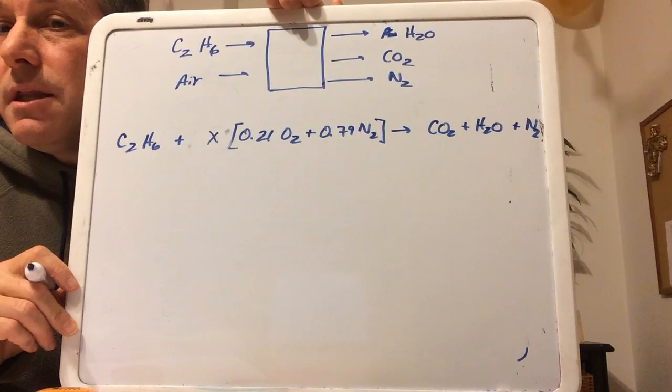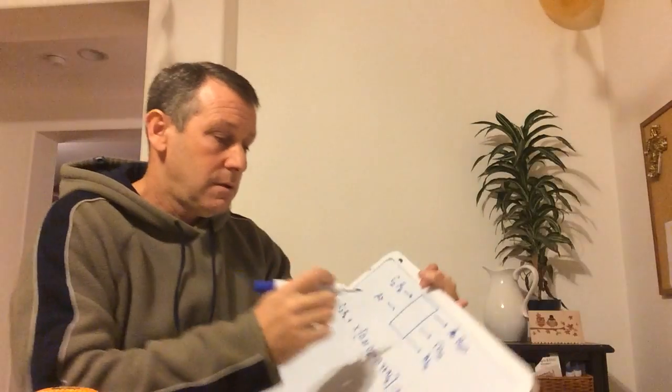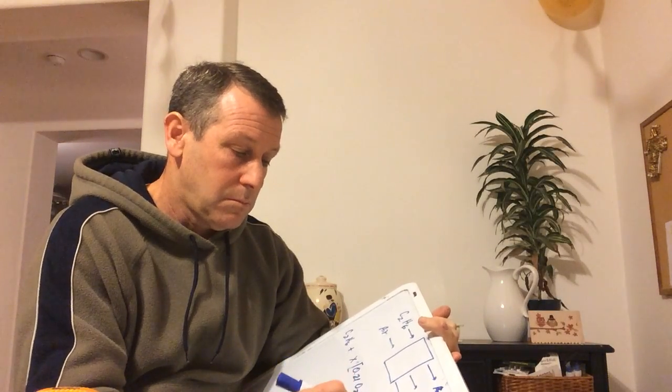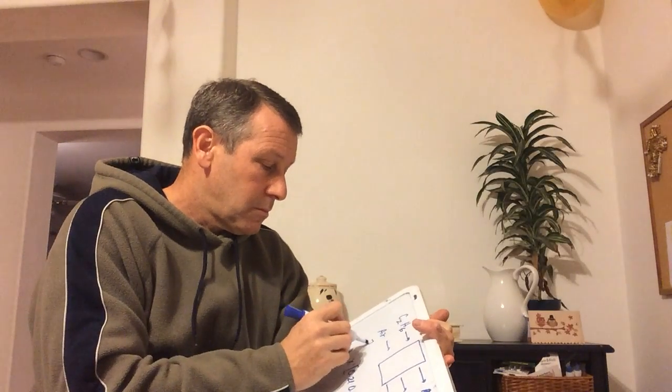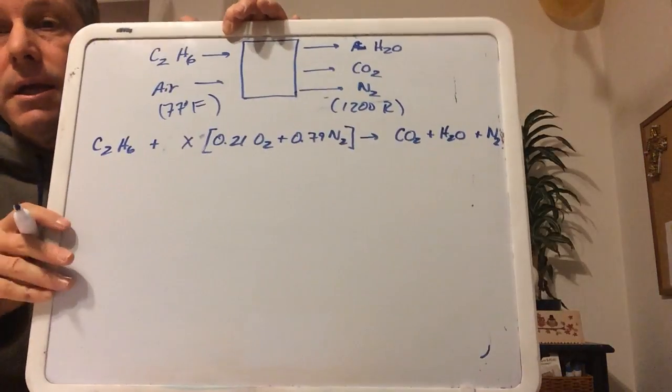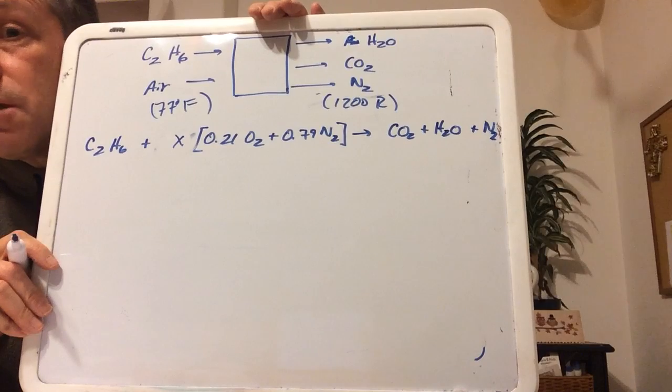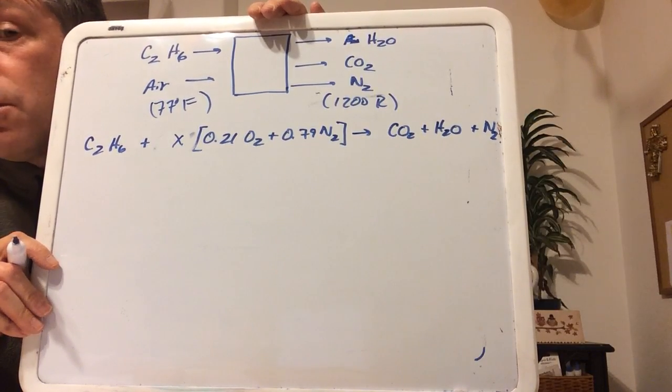I probably should have said that the entering reactants are all at 77. Again, is that realistic? Well, air is going to be pretty close to 77. If it's at a bit of an elevated temperature, something like 90, or a lower temperature, something like 40, it'll change the numbers a bit.